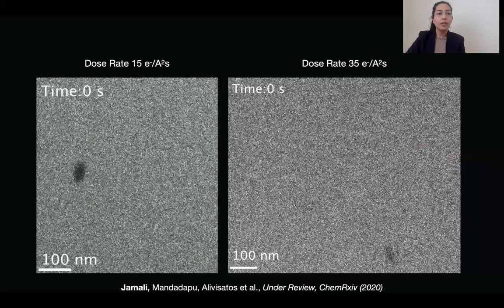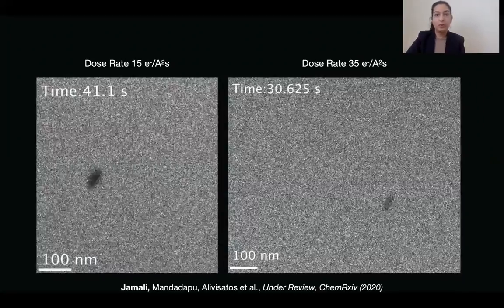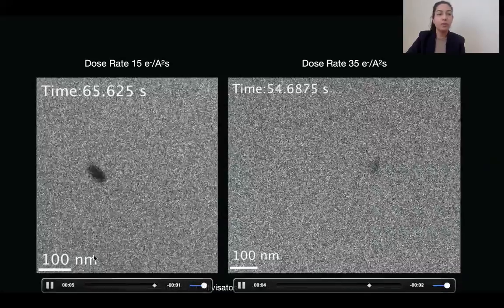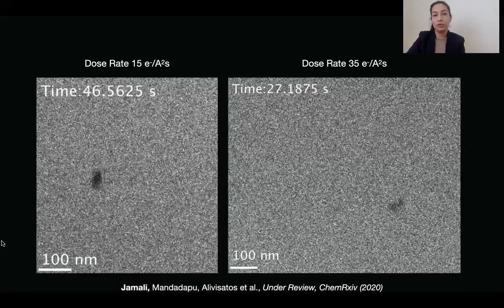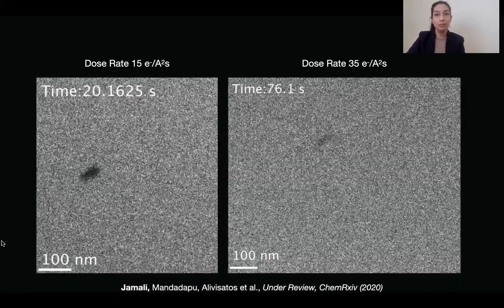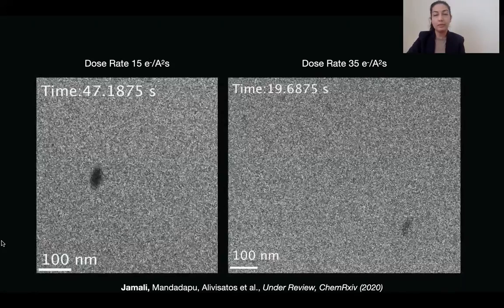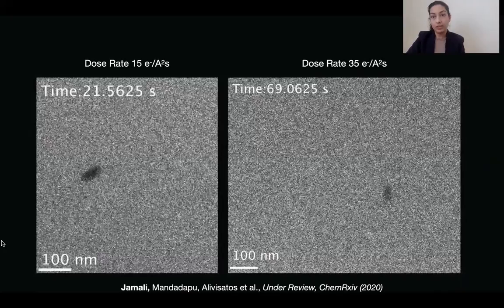Let's take a look at two example videos from our in situ liquid cell TEM data. One is at a dose rate of 15 on the left-hand side, and the other is at a dose rate of 35 on the right-hand side. On the left-hand side, the particle is barely moving. It is moving, but it is very limited. On the right-hand side, the dose rate is increased and the diffusivity increases by a lot.